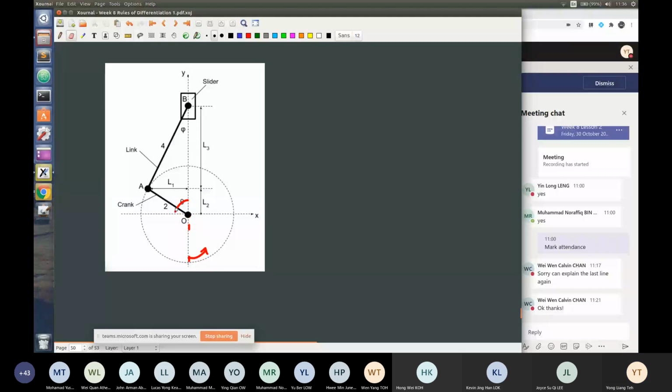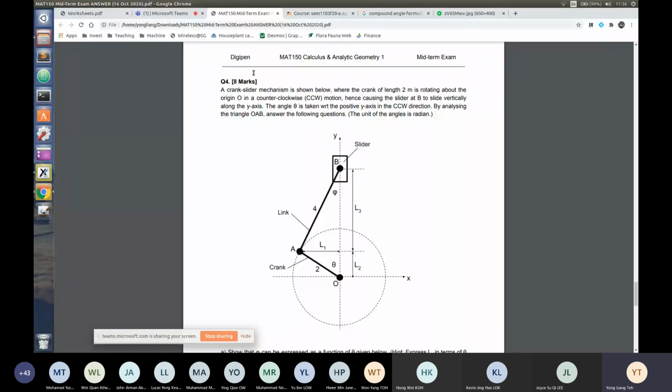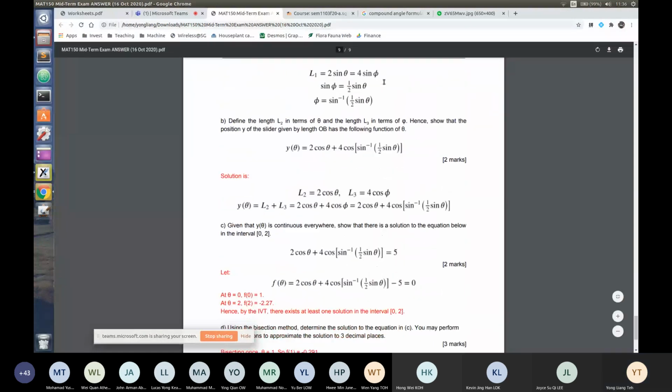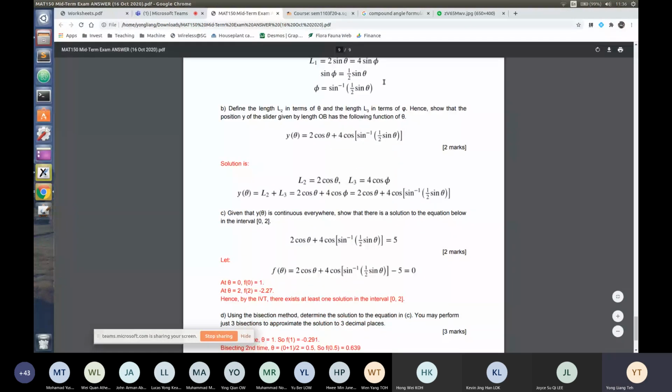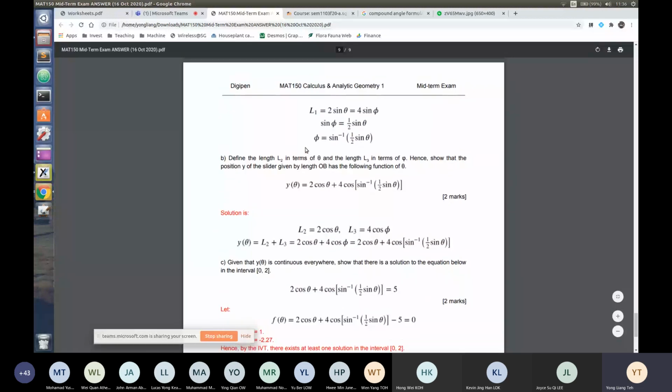Well, if we know the length OB, or Y, as a function of theta here. If you recall, we actually tried to derive this expression in the midterm exam. Let me see, where's my function? Yeah, this is the function.